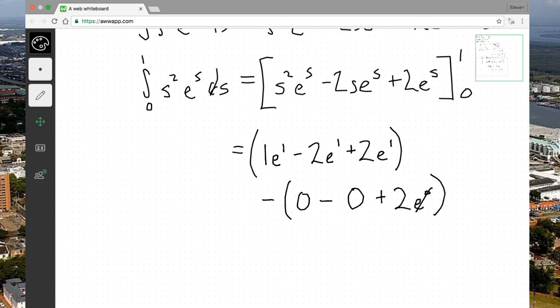And then notice that the 2 e to the 1 and negative 2 e to the 1 cancel. I'm left with e, 1 e to the 1 is just e, minus positive 2. And that's my final answer.